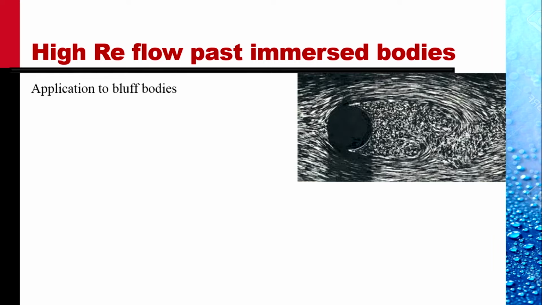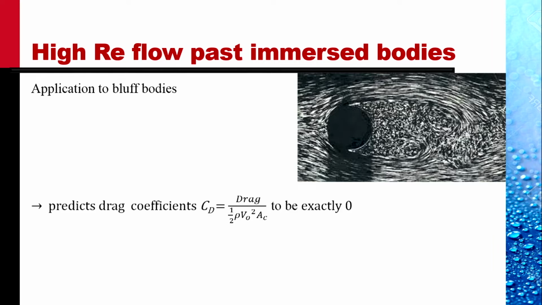However, when we apply these approximations to flow about bluff bodies, we again predict the drag coefficients to be exactly 0. But the experimental results give us drag coefficients of order 1, not like 1 over under root Reynolds number for streamlined bodies.